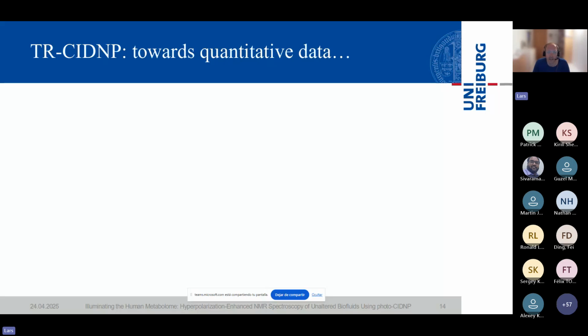And also different photo-CIDNP active molecules compete for triplet excited flavin. And so probably CW-CIDNP will never be able to provide quantitative data. However, for anyone who wants to work on this, maybe us, maybe others in the future, we think the way to go is to use time-resolved CIDNP. That requires a different setup.